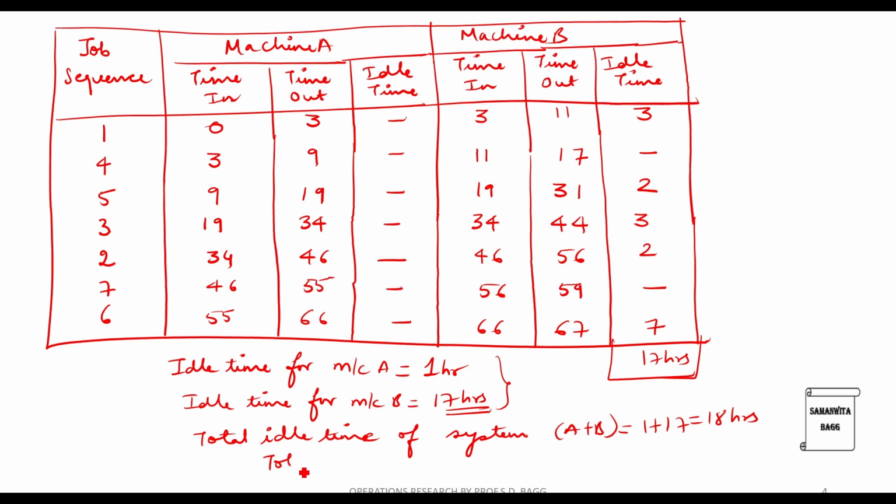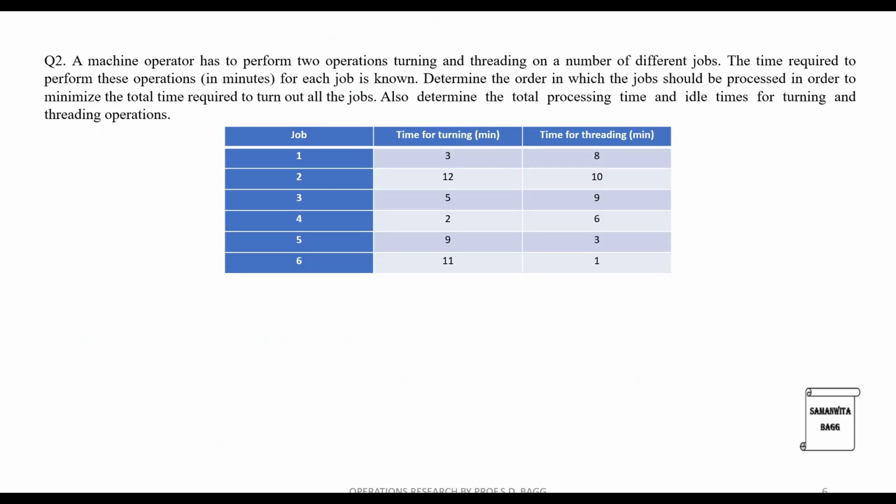And last we have to calculate the total elapsed time, that is the total time taken for the process. If you observe, this is the highest value over here, so it is 67 hours. So you have completed this numerical. Now we'll take up the next one.